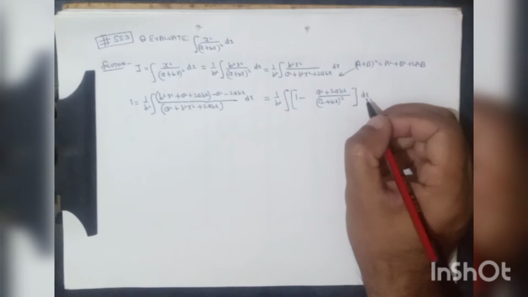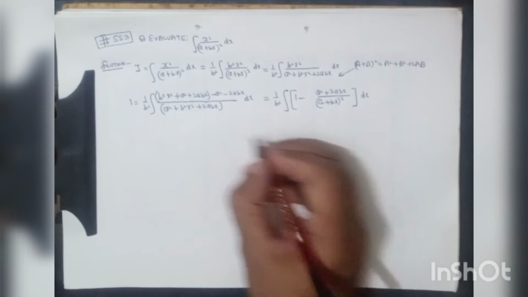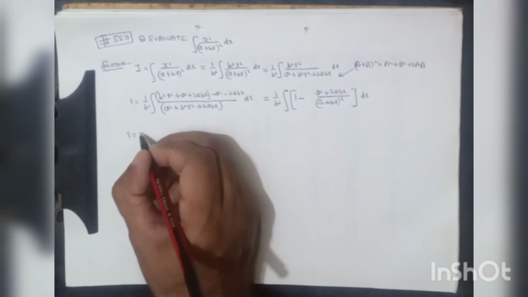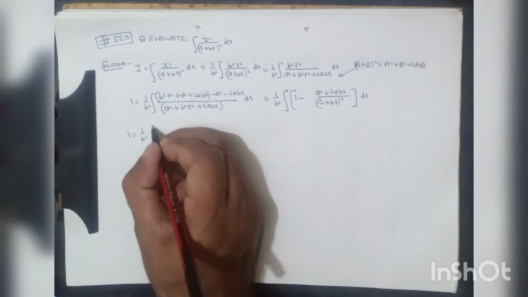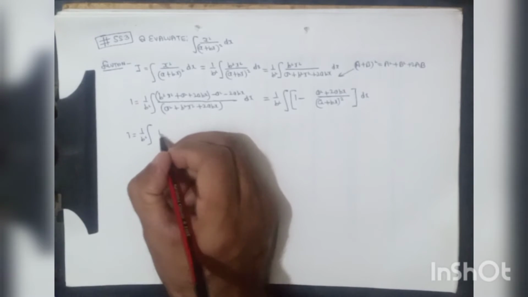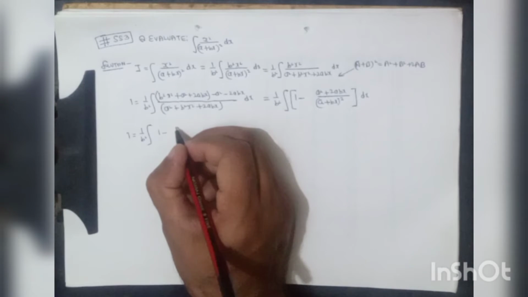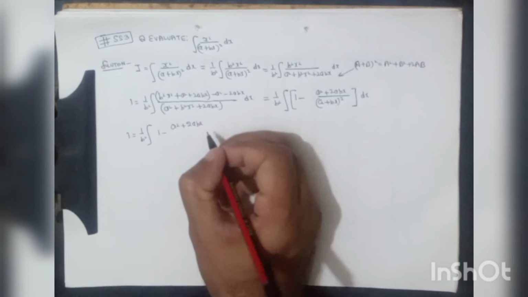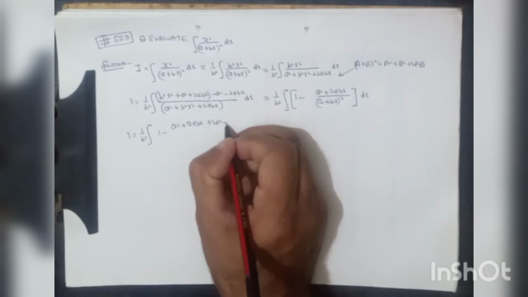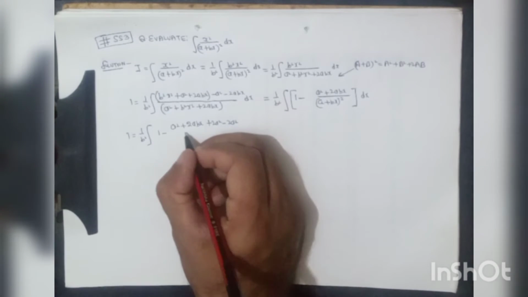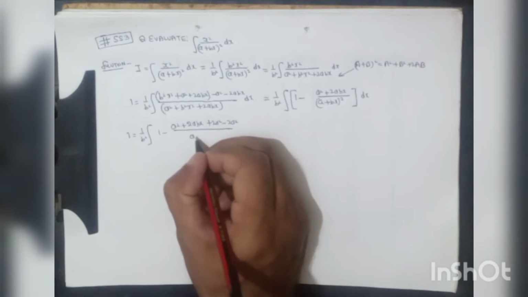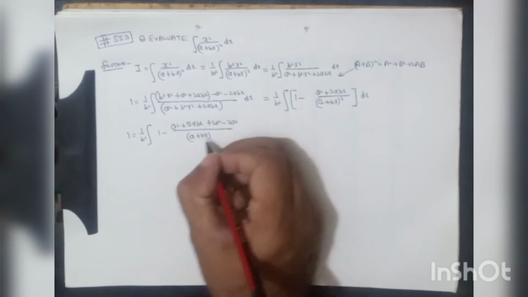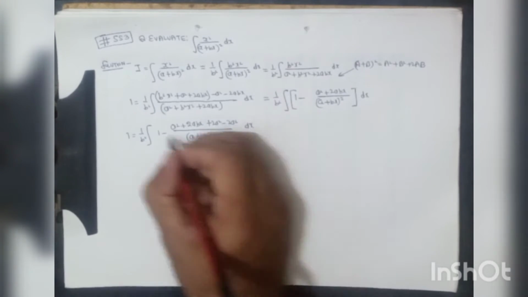So this may be written as I is equal to 1 upon b square integration of 1 minus (a square plus 2abx). We are adding 2a square and we are subtracting 2a square. So divided by (a plus bx) whole square dx.